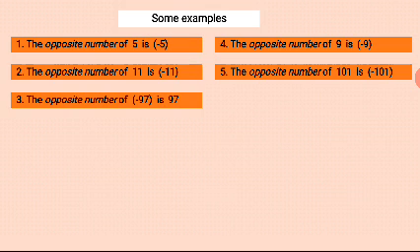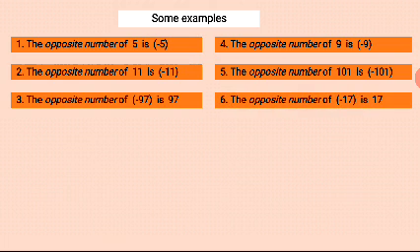The opposite number of 101 is negative 101. The opposite number of negative 17 is 17. Got it? So you write some examples of opposite numbers.